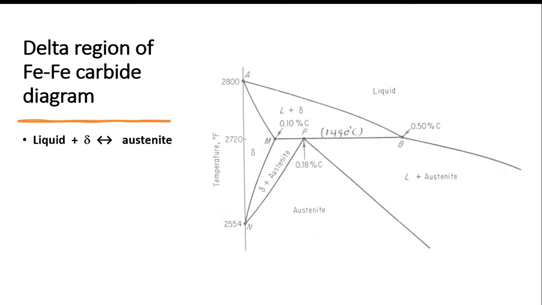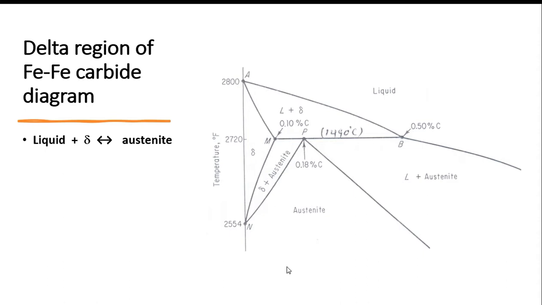So the delta region of the iron carbon diagram, right? It is liquid plus delta. That is a delta region, and it converts into austenite. So this is liquid, right? And this is liquid plus delta. This is the delta formation.